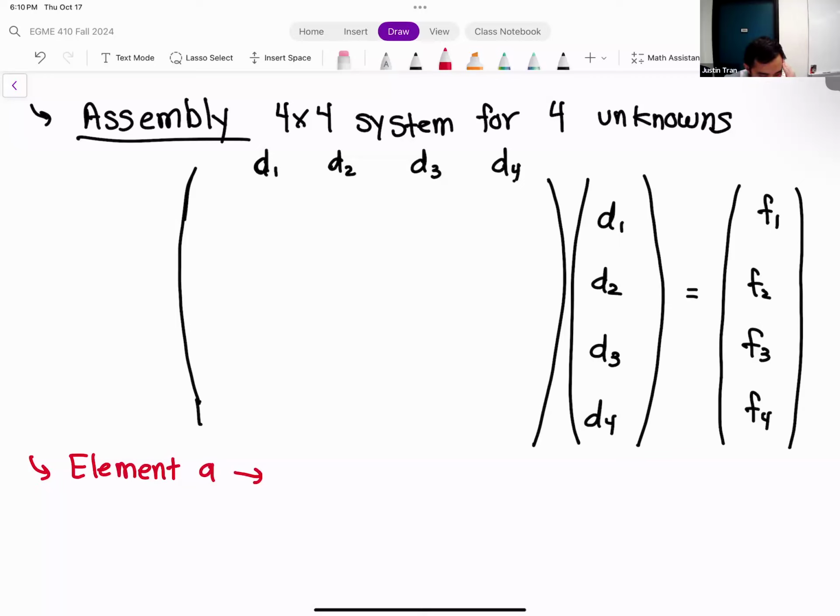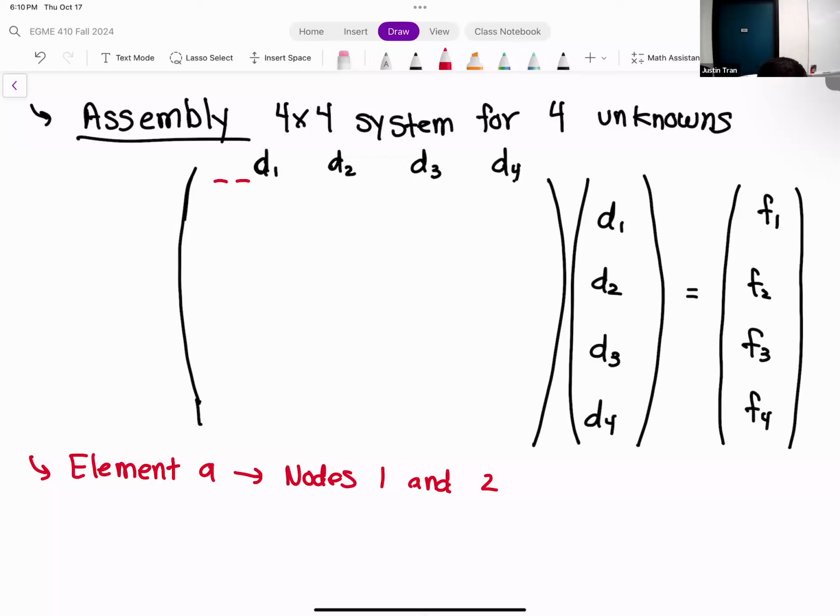Element A here is attached to nodes 1 and 2. That means the area of this matrix that we're going to block off has to do with node 1 and node 2. So we're going to block off the D1, D2 columns and the D1, D2 rows.